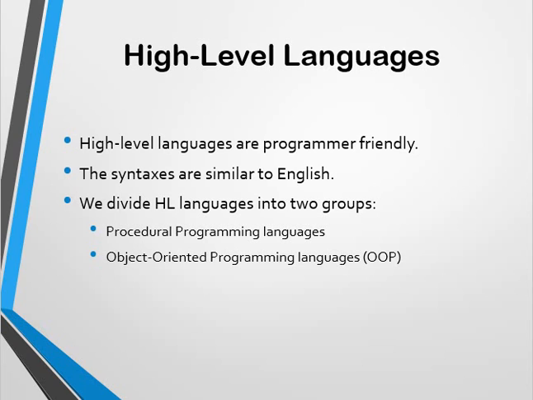So in high level language it is very easy to program compared to any other languages. High level languages are programming friendly, and the syntax is similar to English. Here also we need a compiler or interpreter to convert the high level language to its low level language or machine level code.